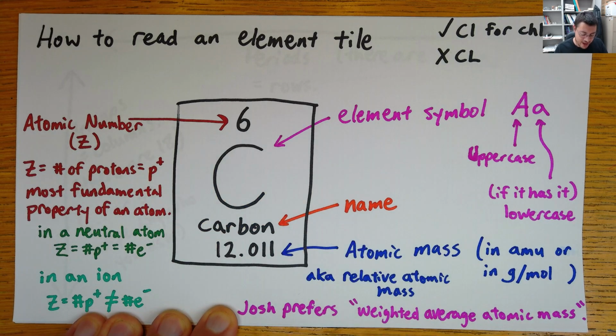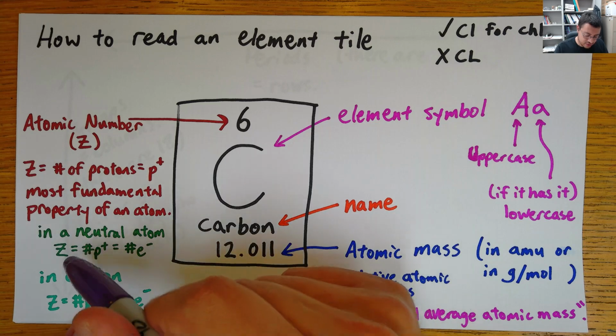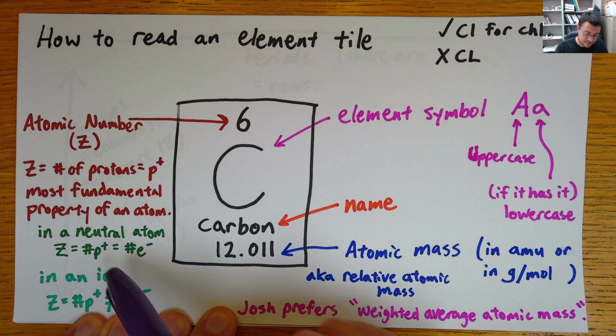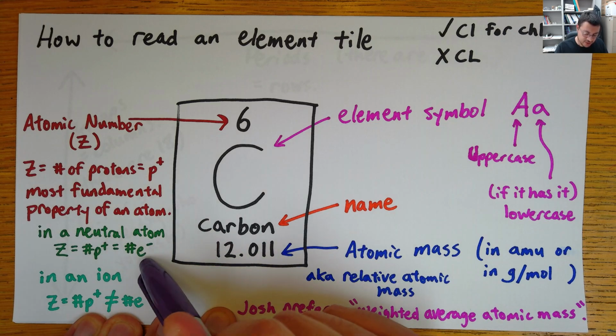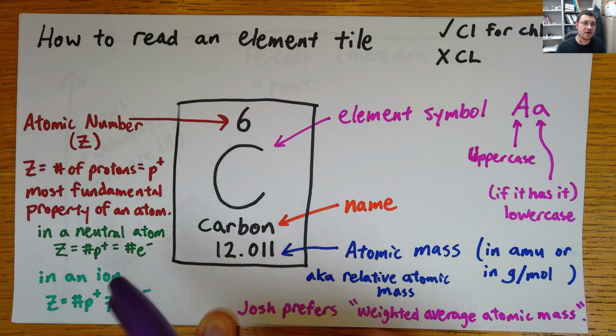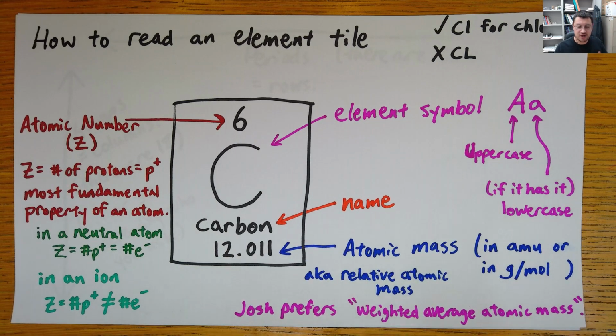So in a neutral atom, your Z, your atomic number, which is your number of protons, is also equal to your number of electrons. If you have something called an ion, that means you gained or lost electrons. That's what we're usually talking about in chemistry. It's the sharing, gain, or loss of electrons. A lot of chemistry has to deal with electrons.